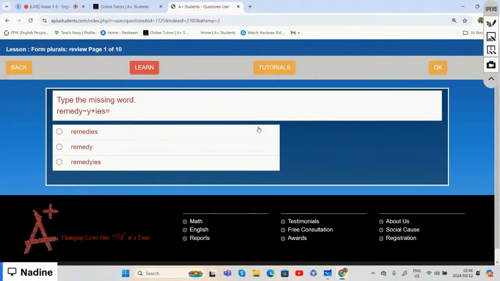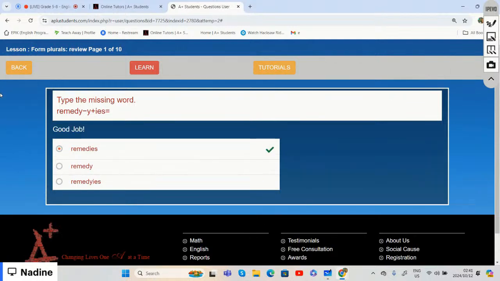All right, if we were to choose the correct option, then yes, we will choose option 1 for remedies. IES was added, the Y was dropped.